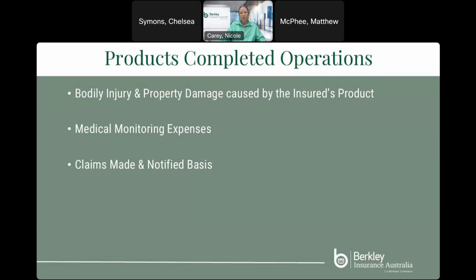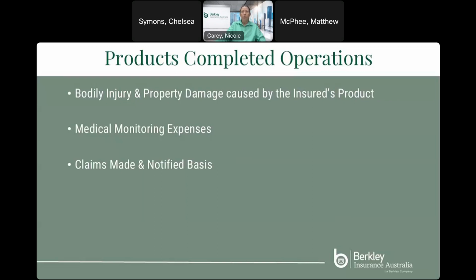So this coverage is going to kick in where there's been a bodily injury or property damage claim, or something's come up where we know that this particular product could cause an injury to somebody. So the policy will contribute towards medical monitoring expenses just to monitor people who have been exposed to the product and where exposure to that product could create a risk of bodily injury in the future.